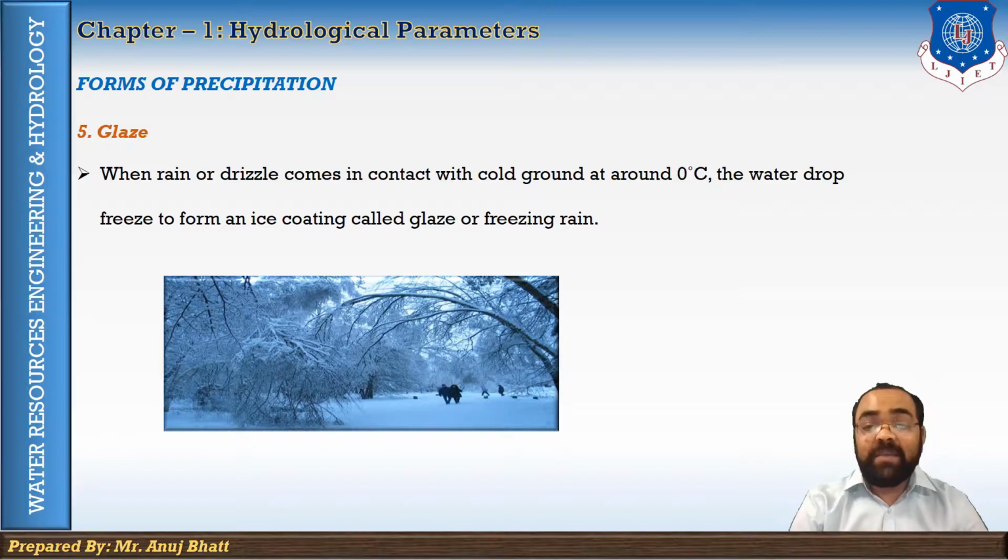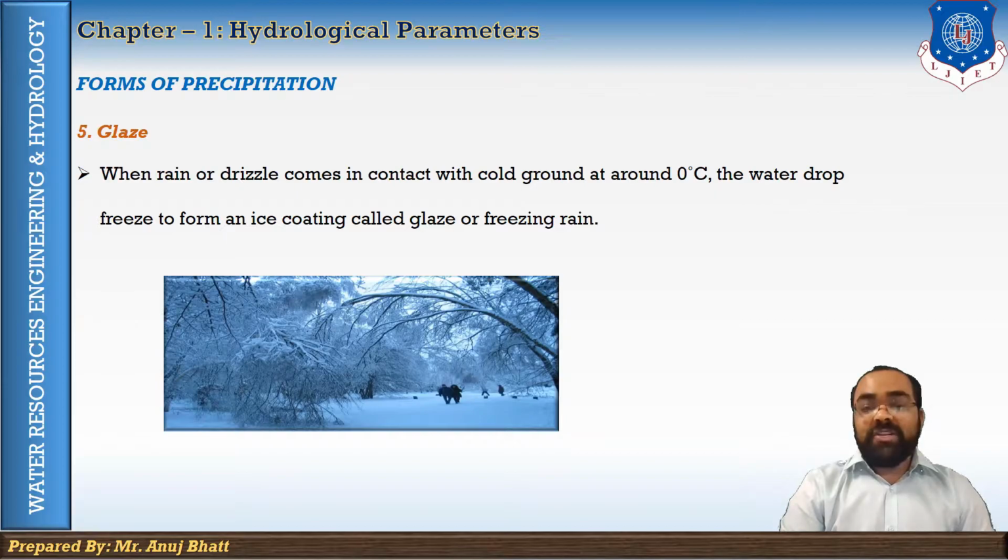Here you can see an image of a glaze situation. When a precipitation like glaze occurs, it looks like this image, where the surrounding areas are completely frozen and there is a coating of ice on surrounding things. So that is glaze.